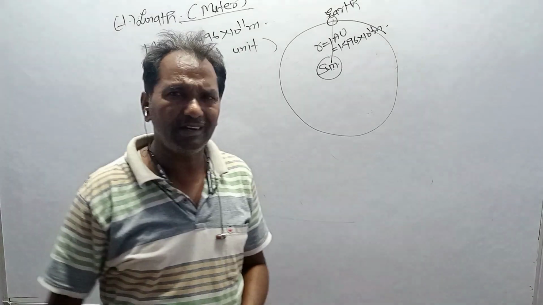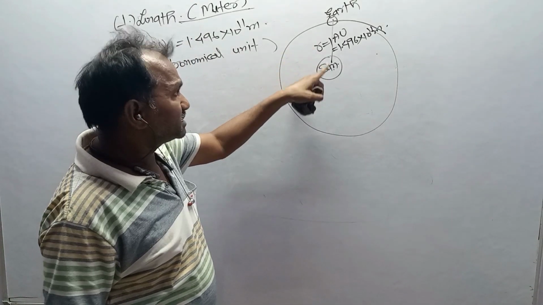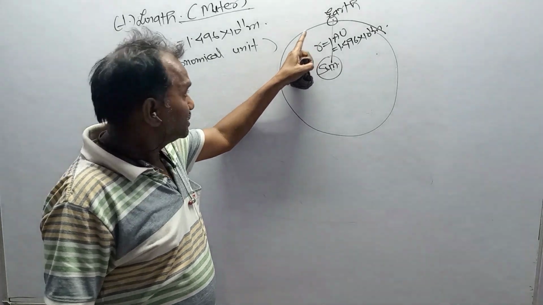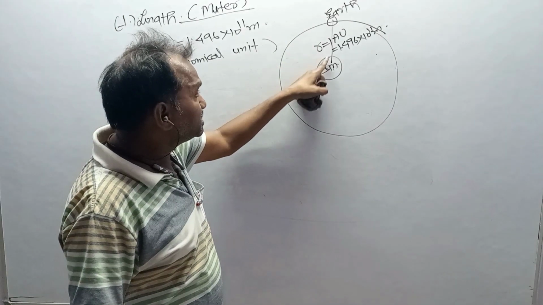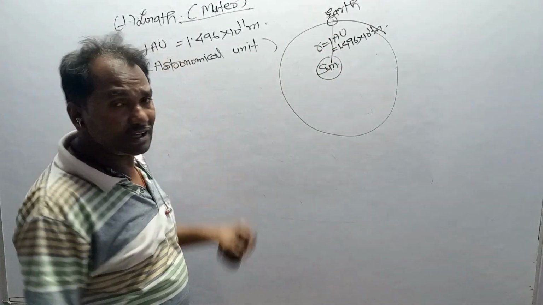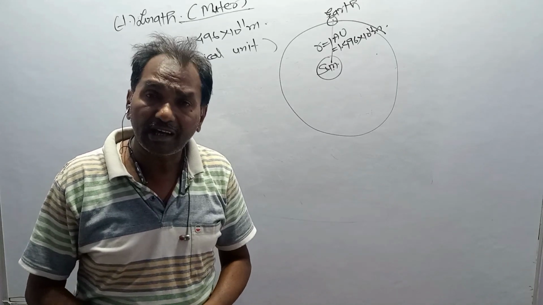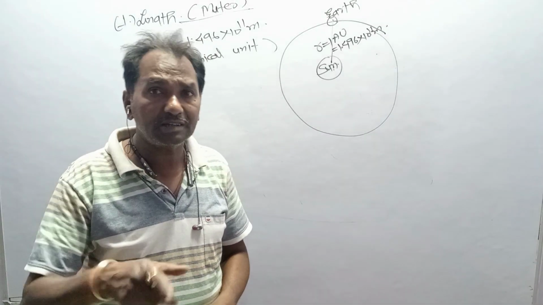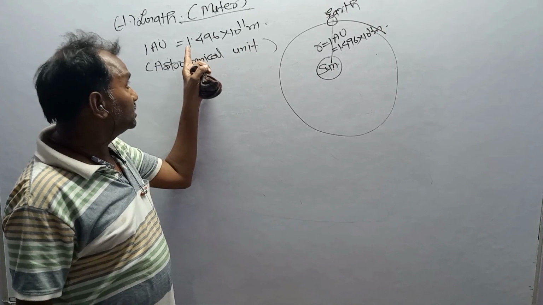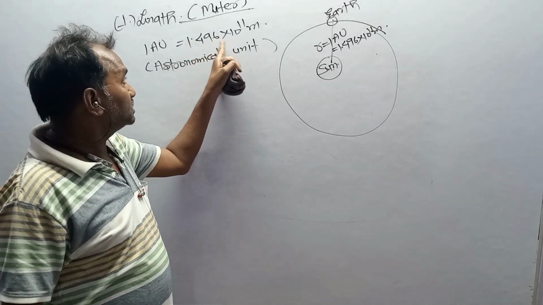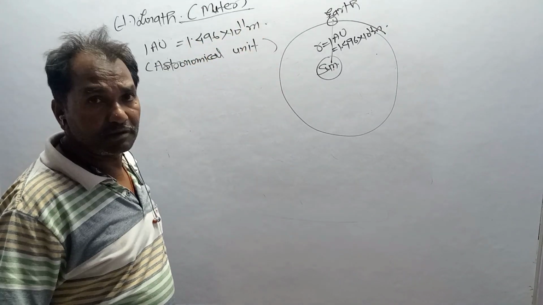That we will discuss later. That's why I am continuously saying that the astronomical unit, AU, is the average distance between the Earth and Sun, which works out to be 1.496 into 10 raised to the power 11 meter.